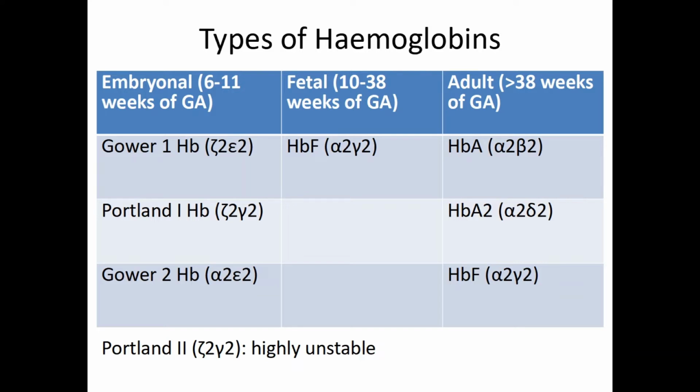However, if there is a disease which affects beta globin chains, then the presentation will start only in the adult period of life. This is important in thalassemia, wherein we have 2 types. One is alpha thalassemia, wherein there is a deficiency of alpha globin chains, and the second is beta thalassemia, wherein there is a deficiency of beta globin chains.